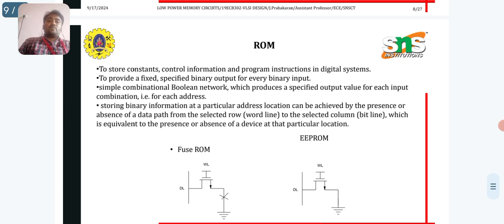Storing binary information at a particular address location can be achieved by the presence or absence of a data path from the selected row, that is the word line, to the selected column, that is the bit line, which is equivalent to the presence or absence of a device at the particular location.